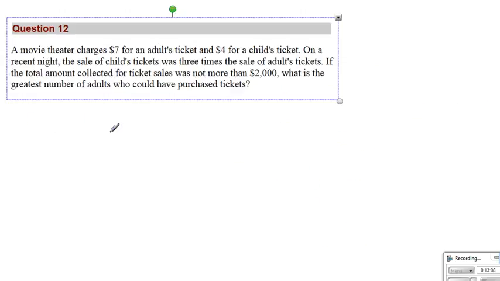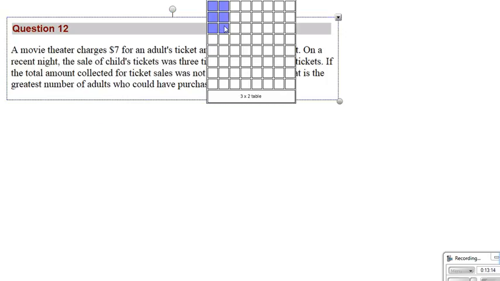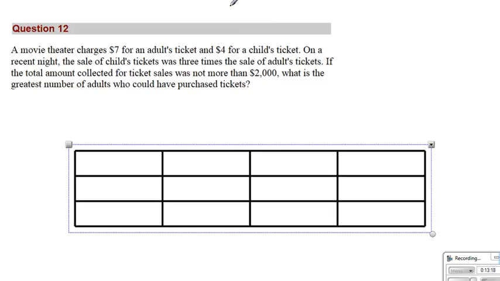Alright, number 12. Here we have movie theater question. So just like before, first one will be category, and then number of each, and then value of each, and total.